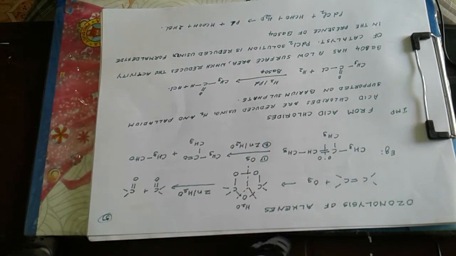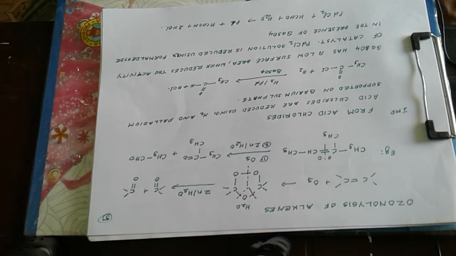And again we can prepare either aldehydes alone or aldehydes and ketones or ketones alone by choosing appropriate alkenes and subjecting the alkene to ozonolysis, that is addition of ozone followed by hydrolysis. And for hydrolysis we use zinc and water, and zinc is used because hydrogen peroxide may be formed as a byproduct. And zinc dust destroys hydrogen peroxide because hydrogen peroxide is an oxidizing agent which can easily oxidize the aldehyde formed.